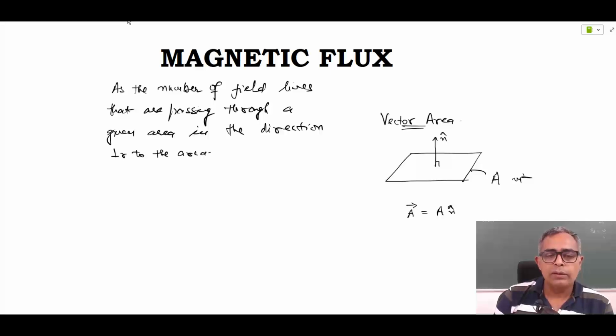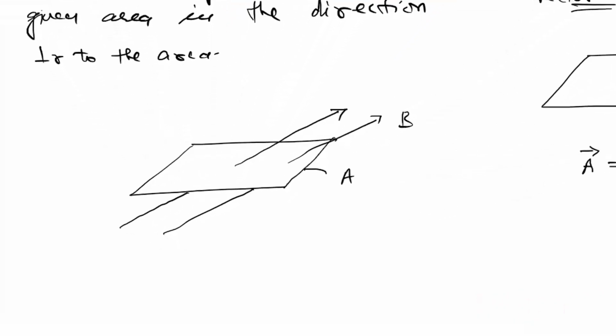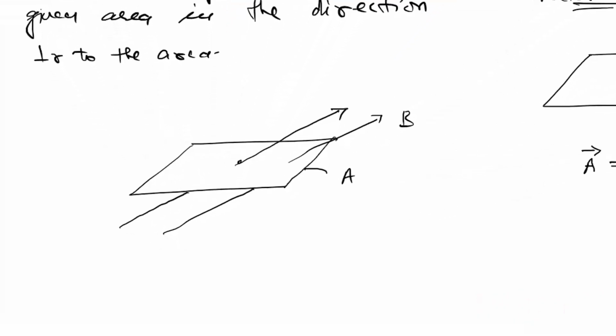Now see, this is a plane having area A, and suppose it is placed inside some uniform magnetic field. So I am drawing field lines corresponding to this magnetic field, right? Now, suppose this magnetic field is making a certain angle, say angle theta, with this unit normal.